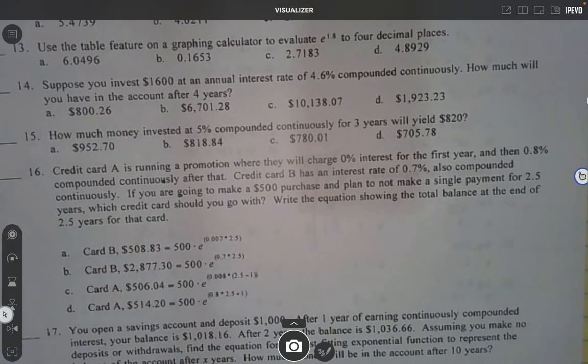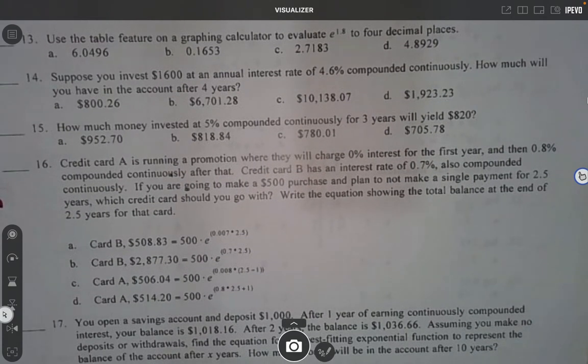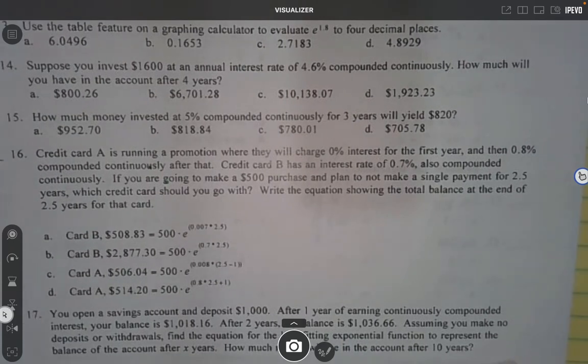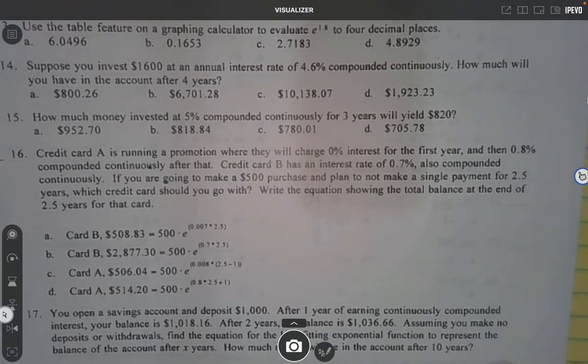Yes. All right. Let's see, number 14 on there. Yeah, 14 is on there, and so there's 14 and 15. Yeah, it's more like 14. Okay? It's compounded continuously. Do y'all remember our formula for that?